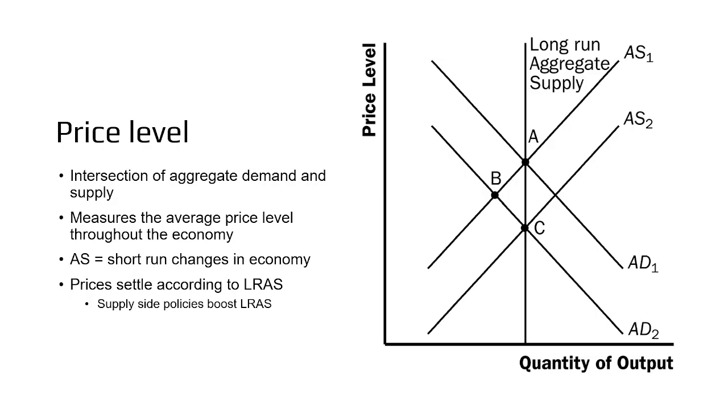However, aggregate supply is a bit more complicated than aggregate demand, because there are two kinds of aggregate supply. There is short-run aggregate supply, which is represented with the diagonal aggregate supply lines, AS1 and AS2 on this graph.